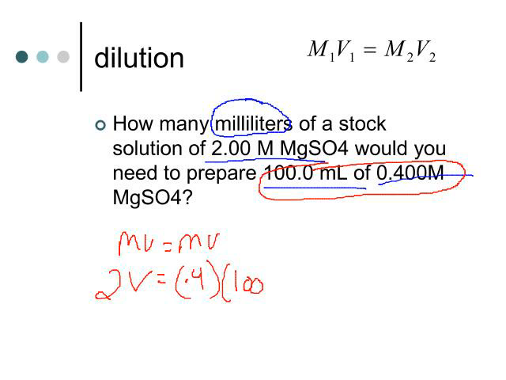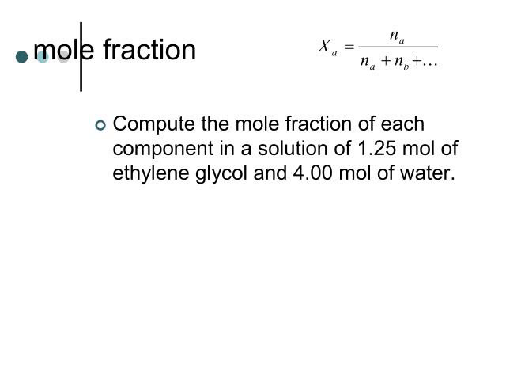In this problem, you do not have to change your milliliters to liters, unless I ask for how many liters you need. If it says how many milliliters and I give you milliliters, I'm keeping you from having to convert between units too much. Isolating our V using basic algebra, if you have to write an X there to know what you're doing, go ahead, is 20 milliliters. Because we multiplied the 0.4 times 100 and divided by 2.